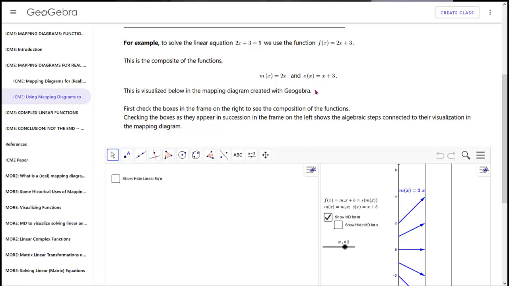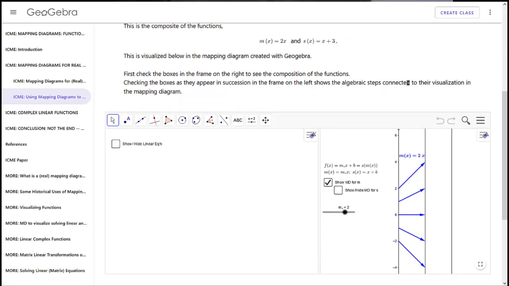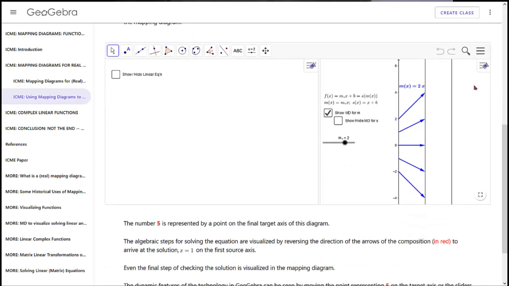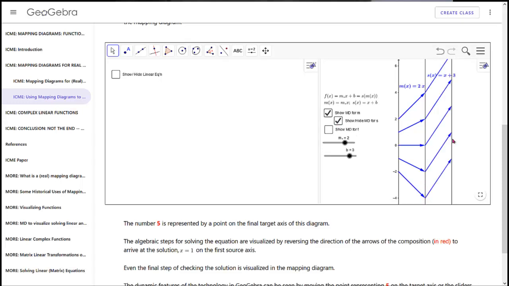This is visualized below in the mapping diagram created using GeoGebra. On the right, we have the mapping diagram first for multiplication by 2. Then I'm going to take the results of that function and apply the mapping diagram for s, giving us the composite visualization of 2x plus 3.